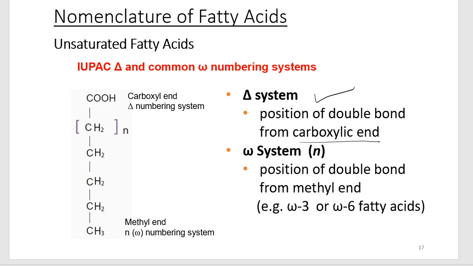And there is the omega system. It's also referred to as n. It's starting from the methyl end. The position of the double bond from the methyl end. Examples are omega-3 and omega-6 fatty acids. Let's see an example. It will be more clear for you.